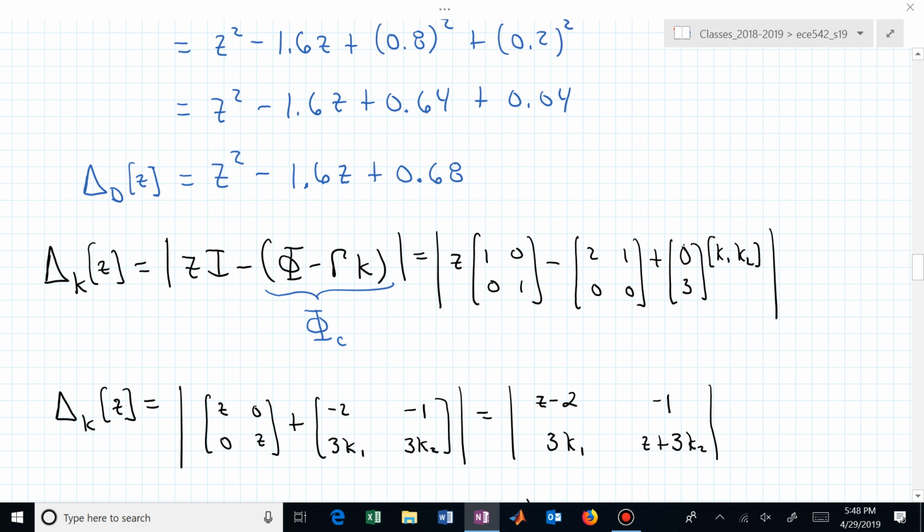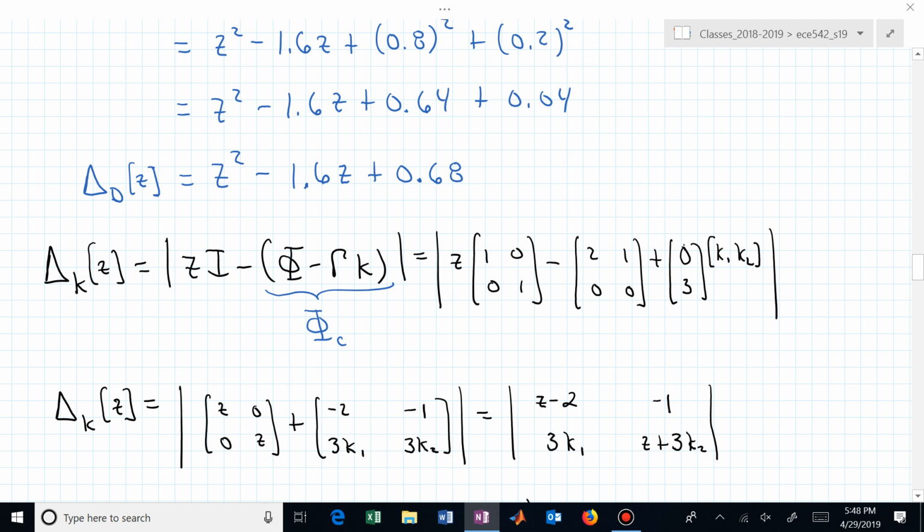Here k1 and k2 only come in the second row because our input matrix had an all zero top row. So there's no way those k's are going to be influencing the top row terms in our phi sub c or zI minus phi sub c expression.